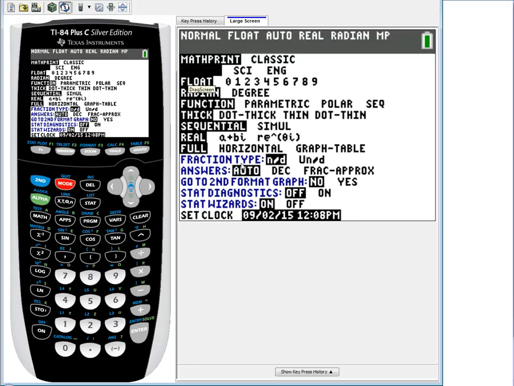But how about if we go down and do fix 8, or I went too far. Fix 7, how about? Float 7? Well, instead of float, now it's going to fix 7 decimal places, I believe. It's in mode, yeah. So let's just see what that does.